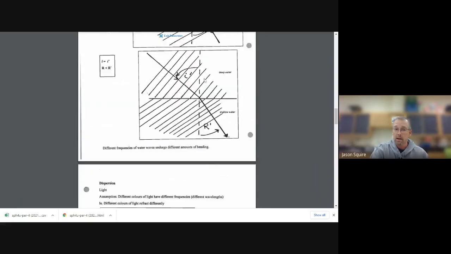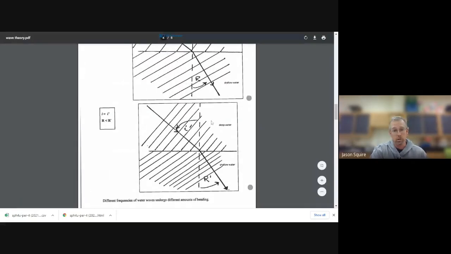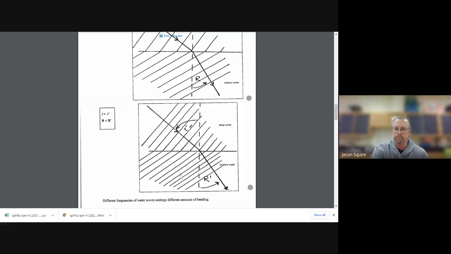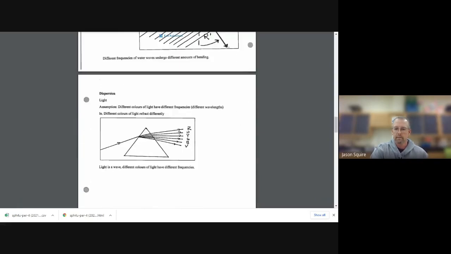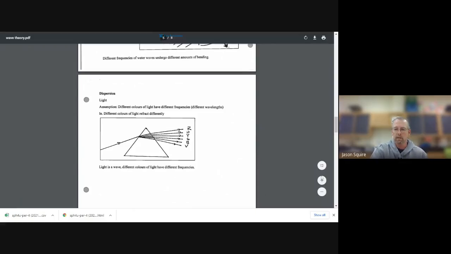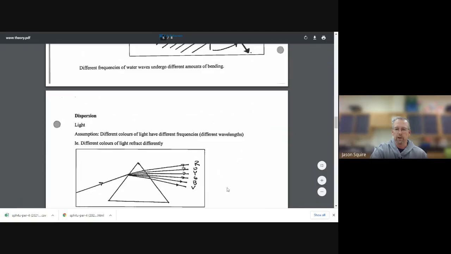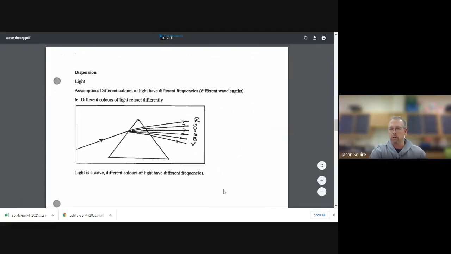Again, my first two diagrams here are through observation. We see this happening with real water waves. And when light shows that same type of splitting up or bending different amounts, it makes sense to have the observation that different colors of light have different wavelengths.